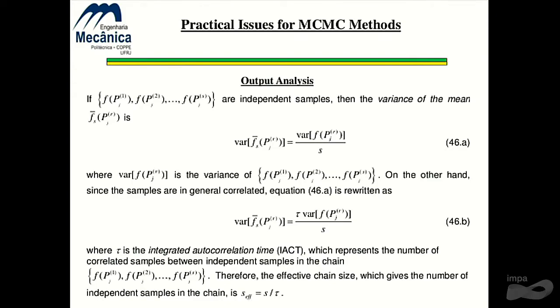And with this effective number of samples, we can then compute the variance of the mean value. This is not the variance of the chain. This is the variance of the chain, and this is the variance of the mean.